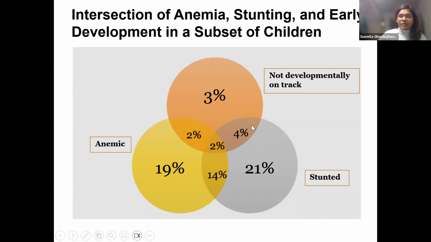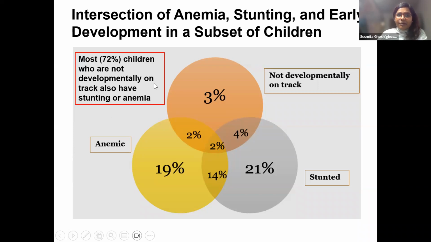anemia, or maybe they are stunted, or they have both nutritional deficiencies, anemia and stunting. So we can say that most of the children who are not developmentally on track also have stunting or anemia. So if a child is not developmentally on track, they might also have different types of nutritional deficiencies.